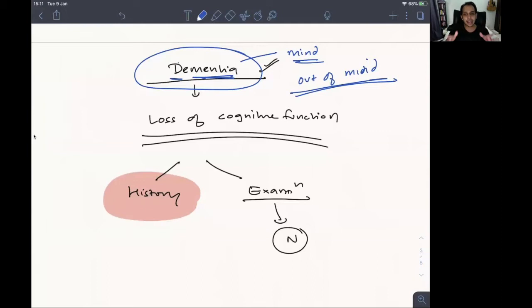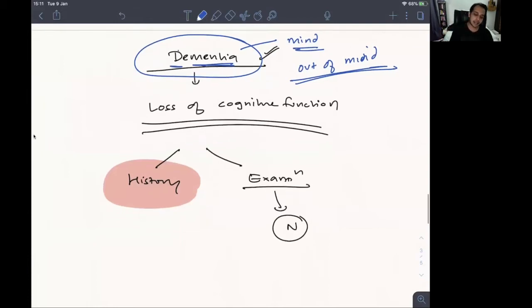Any person who would seem to be behaving irrationally would be called a demented person. When we began to understand the disease, we finalized that any patient who has a cognitive function loss, any problem in which their cognition is affected, so they are not able to do something that their brain is supposed to do, would be called dementia.